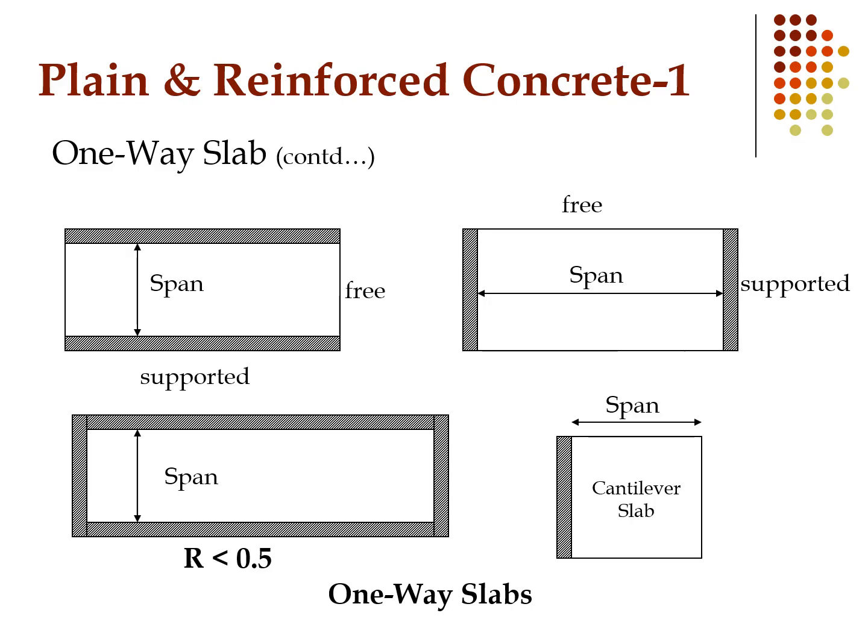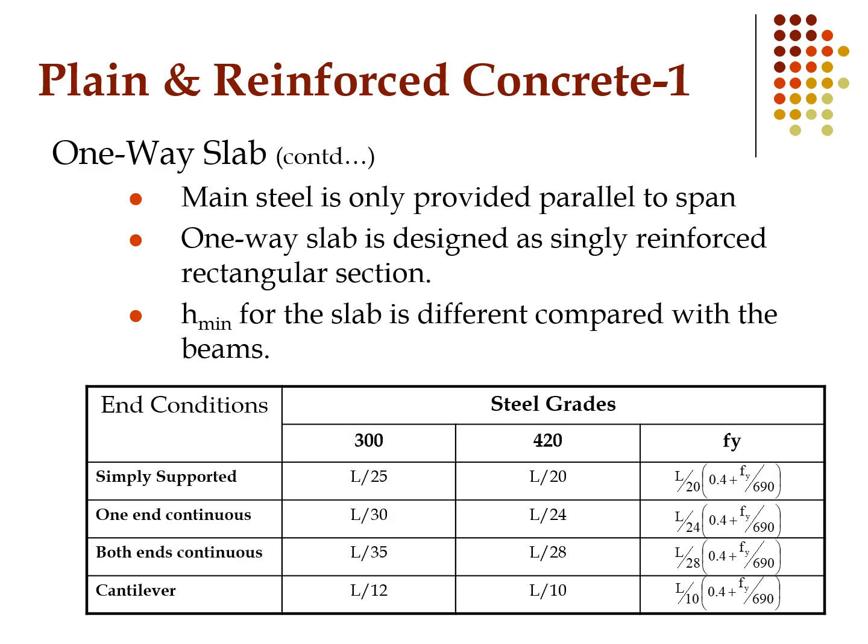If our slab is supported on all four sides, then the shorter direction we call the span. Secondly, if we have a cantilever slab, then the unsupported span in the direction of the support, that we call the span. We need span because main steel is only provided parallel to the span.